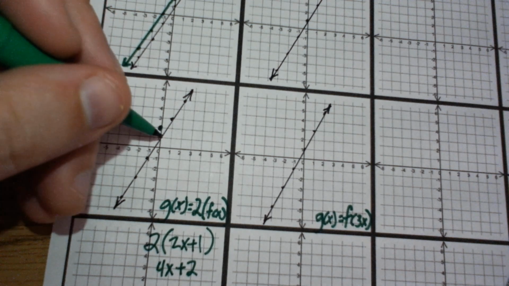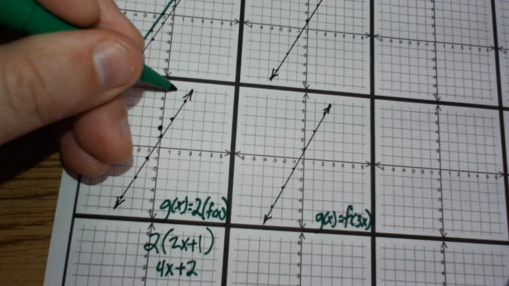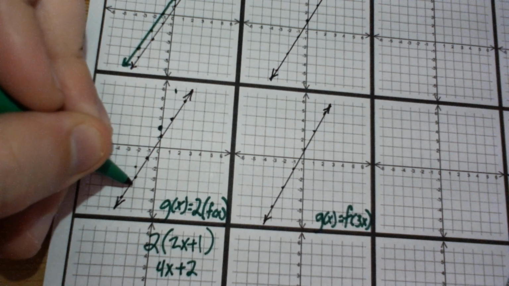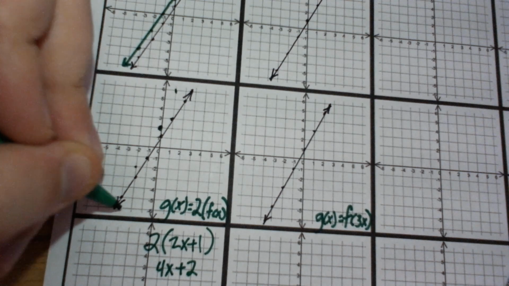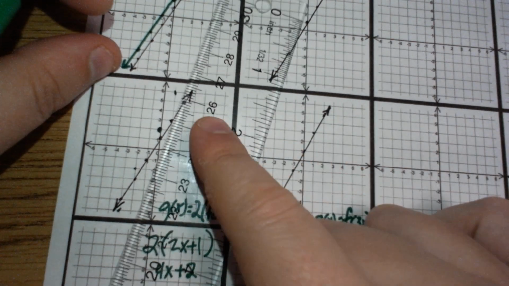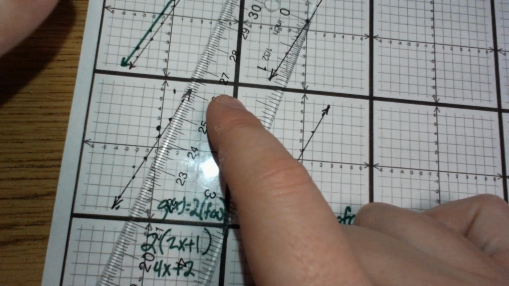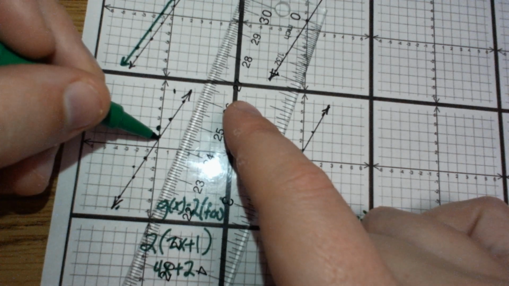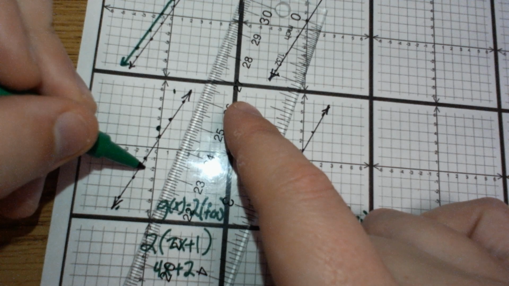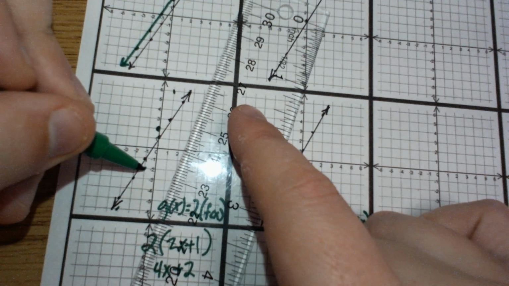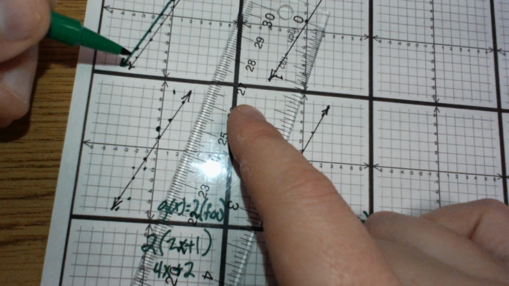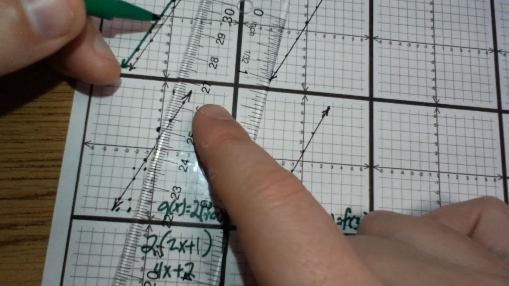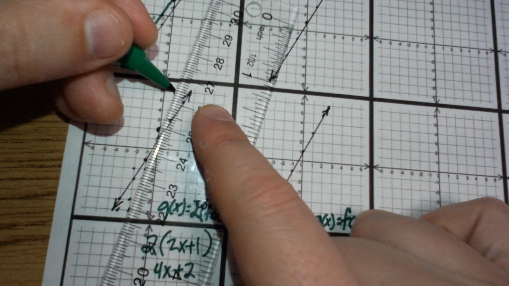And I will be going up 1, 2, 3, 4, over 1. Okay, almost had that off a little bit. There we go.